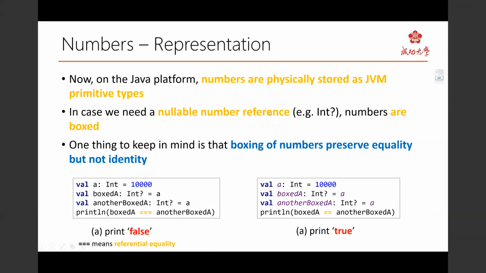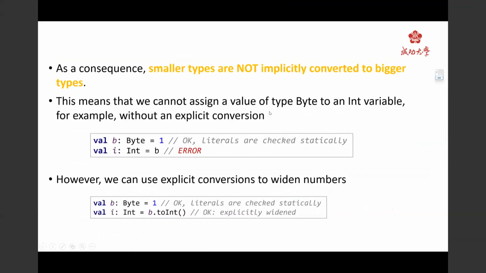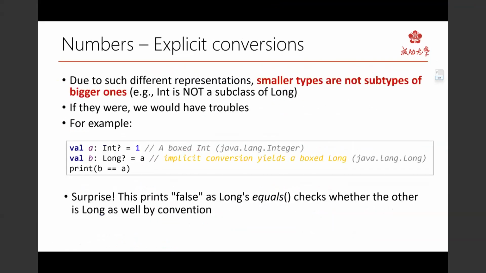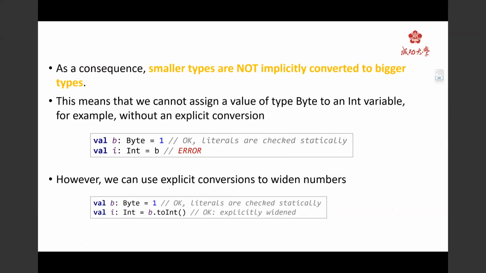Okay, so now let's move on. So where we were. Since there's no implicit widening conversion in Kotlin, in case you really want to do type conversion, you can always do it manually using the functions provided by Kotlin.